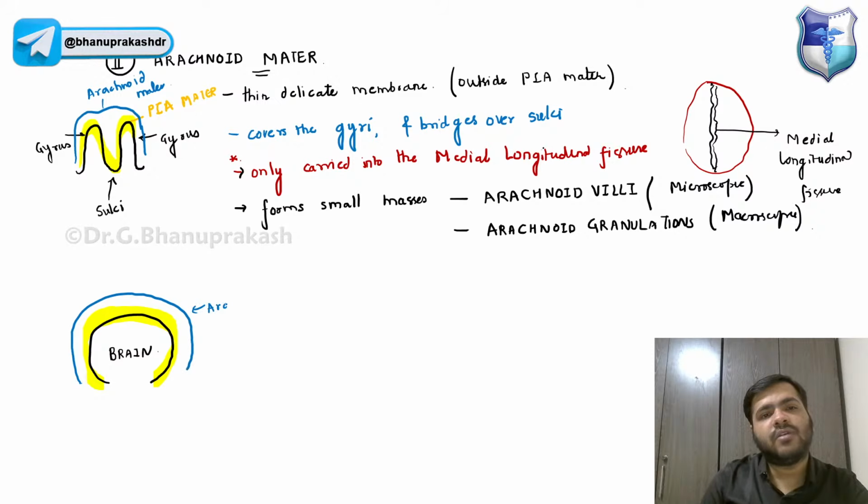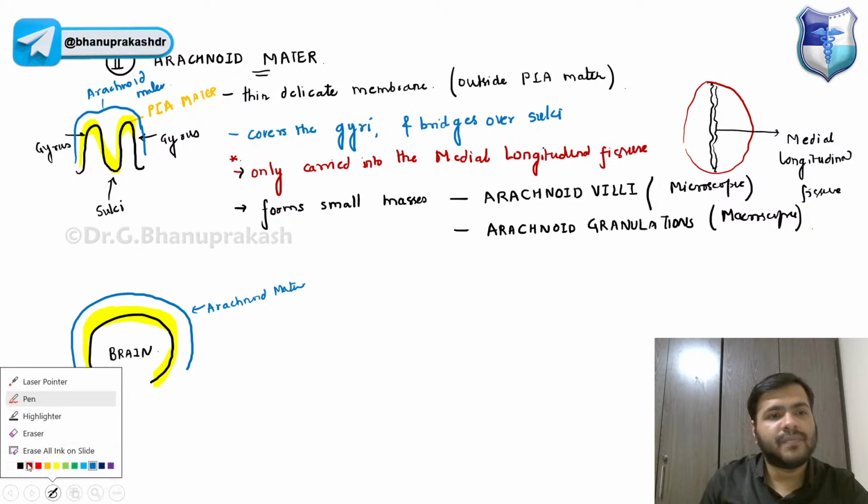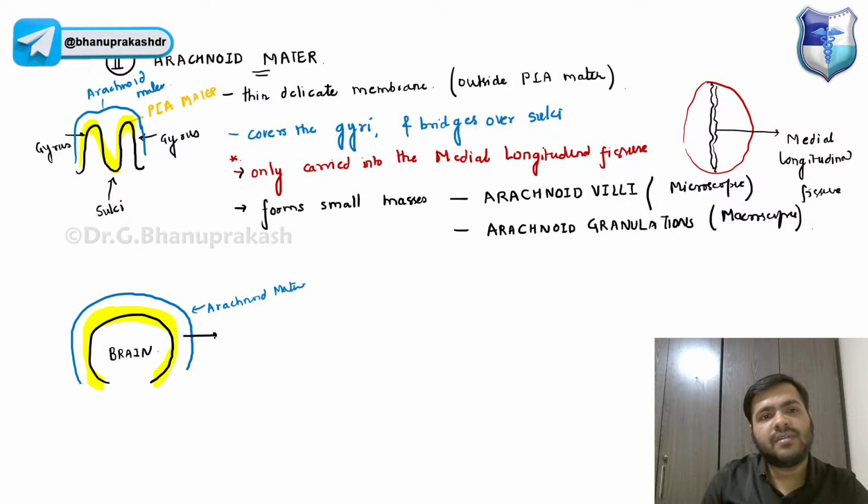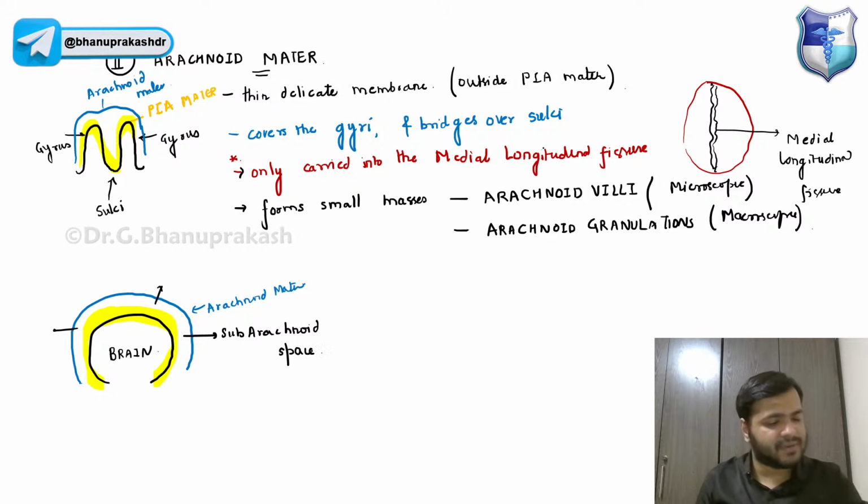The space between the pia and the arachnoid matter is called the subarachnoid space. A very limited space is present. That is called the subarachnoid space.